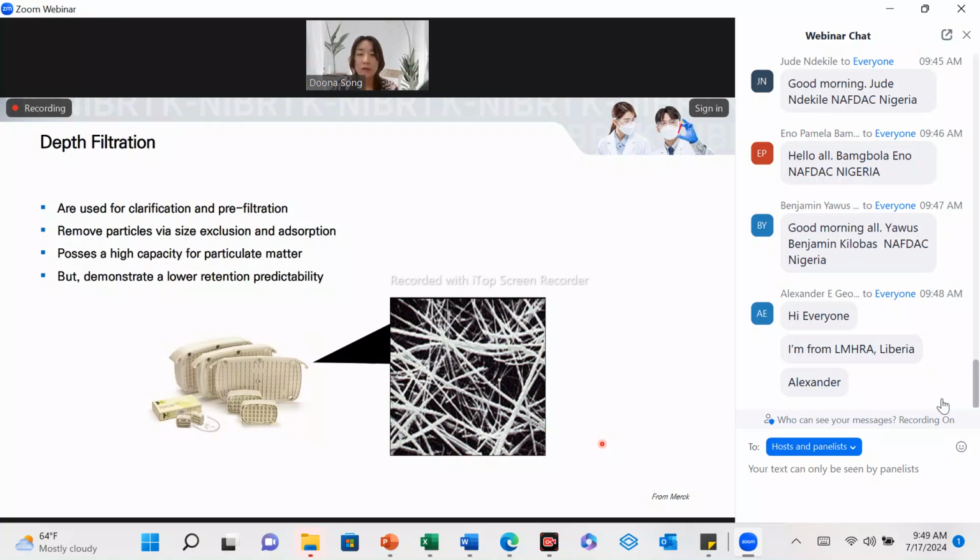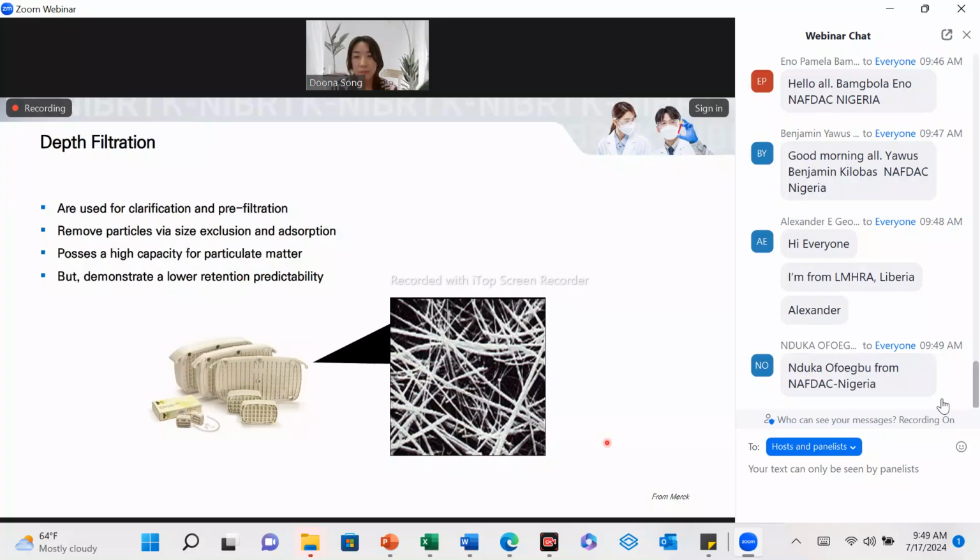So they are used for clarification and prefiltration, and they remove particles via size exclusion and adsorption, and possess a high capacity for particulate matter. Depth filtration is commonly used in processes where there is a high load of impurities.